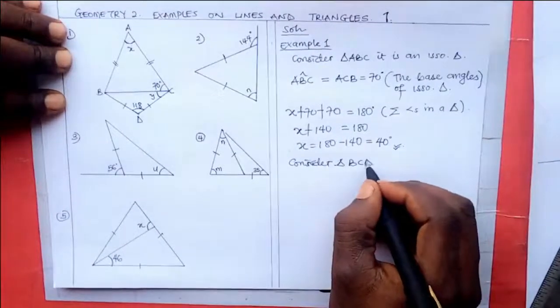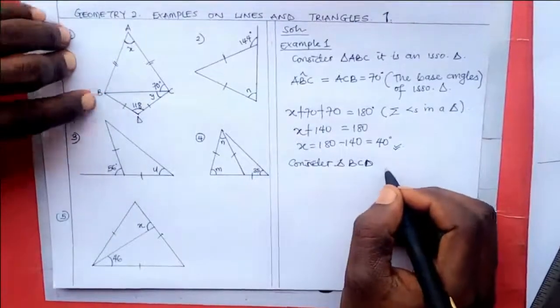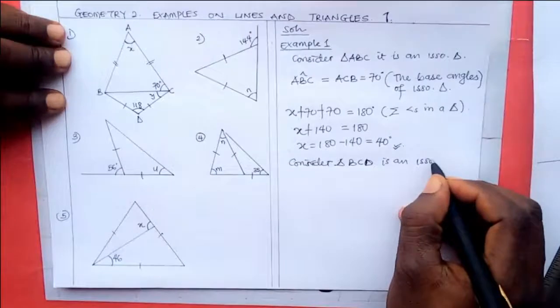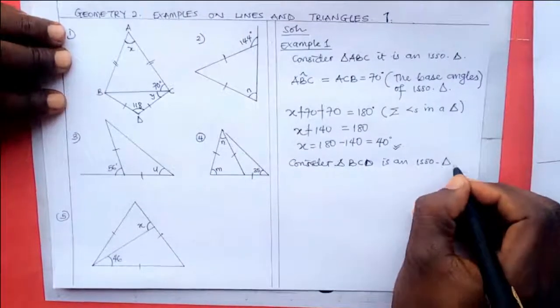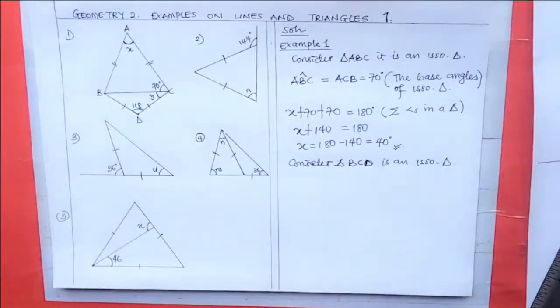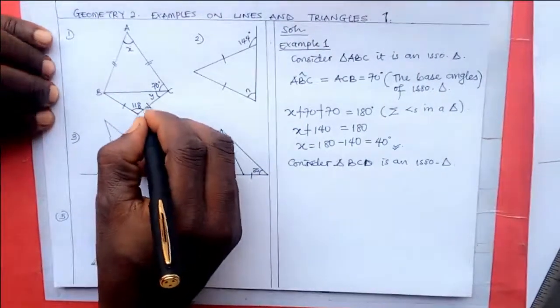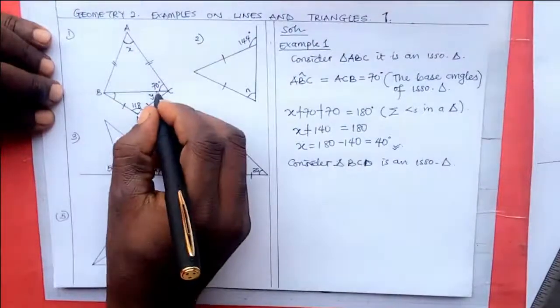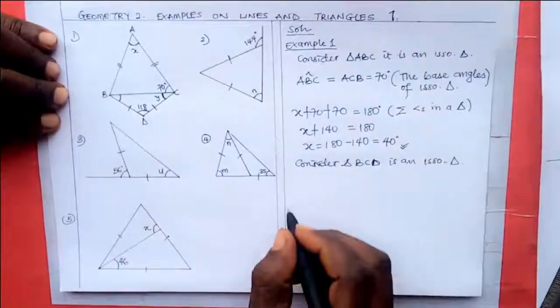Triangle BCD is an isosceles triangle. So if it's an isosceles triangle, it means the two base angles are equal. So this side is equal to this side, hence this angle must be equal to this angle. So if this angle is y, this angle must also be y.